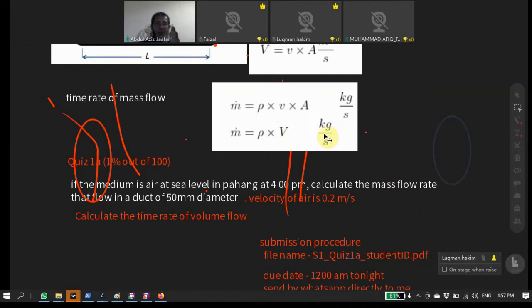If you don't want to use that equation, I can remove that. So we have two equations. They produce the same results. So if you know the time rate of volume flow, you just multiply with the local density. These are average density actually.